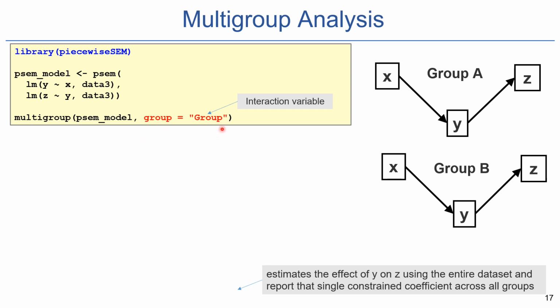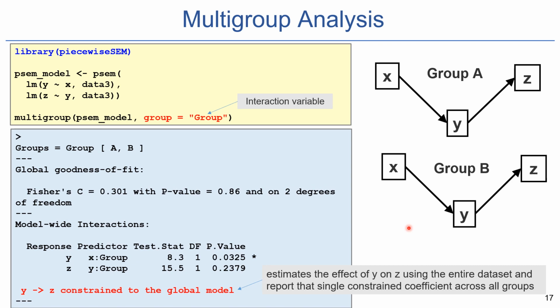And we use our interaction variable, which is group, as the argument group here. And this will allow us to consider group as an interaction across the entire data set. And the output here gives us the results for our groups, our Fisher's C statistics, and also it gives us model-wide interactions.